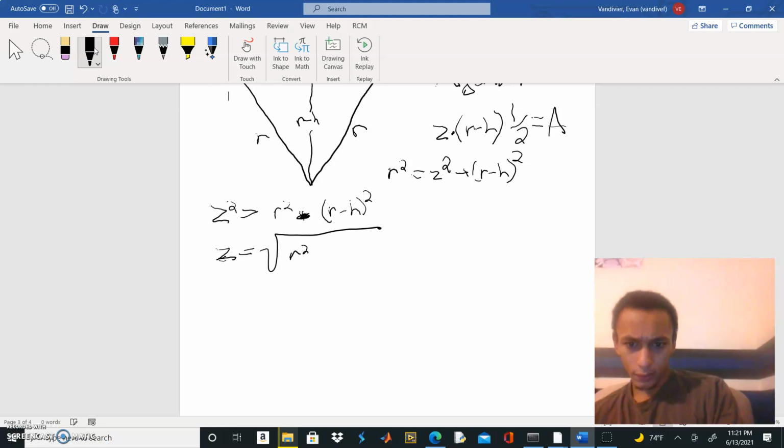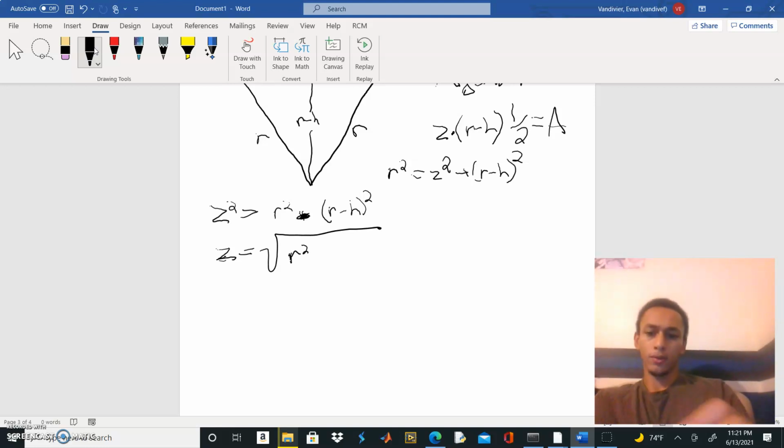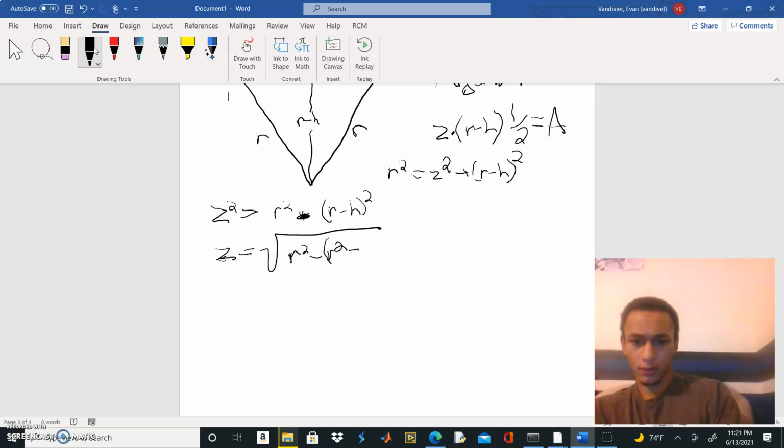r squared, and now let's FOIL. So you get minus r squared, minus, actually that's this, so you get r squared. Let's put parentheses in there so I don't get signs confused. So r squared minus 2rh plus h squared.